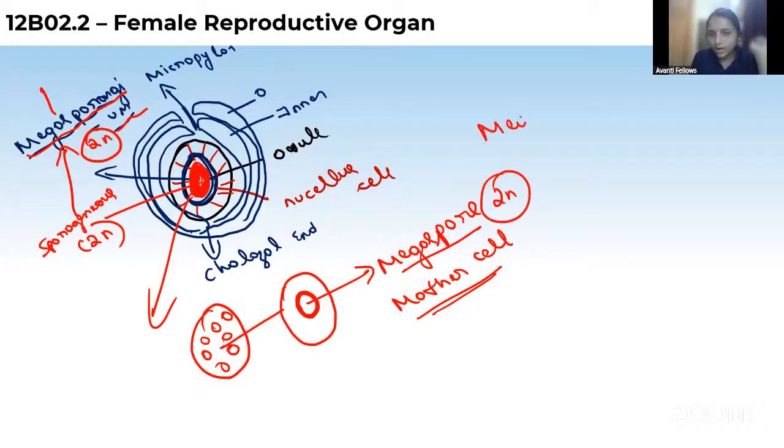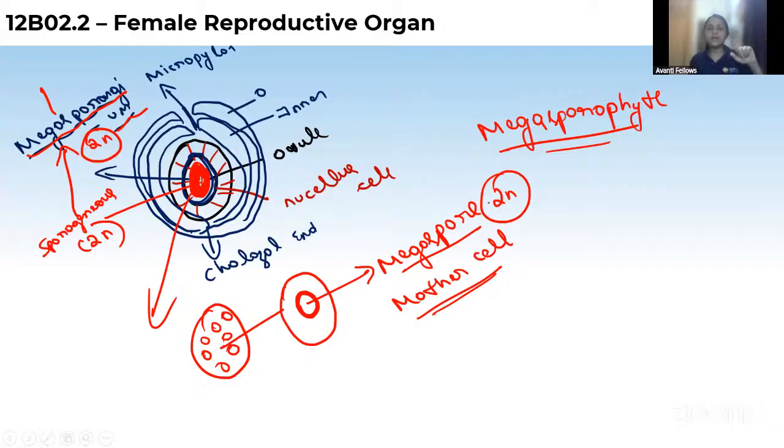This is also called the megasporophyte. Please make a note of this. There we studied the microsporophyte, right? Here the megaspore mother cell has another name, megasporophyte. Do you understand this?